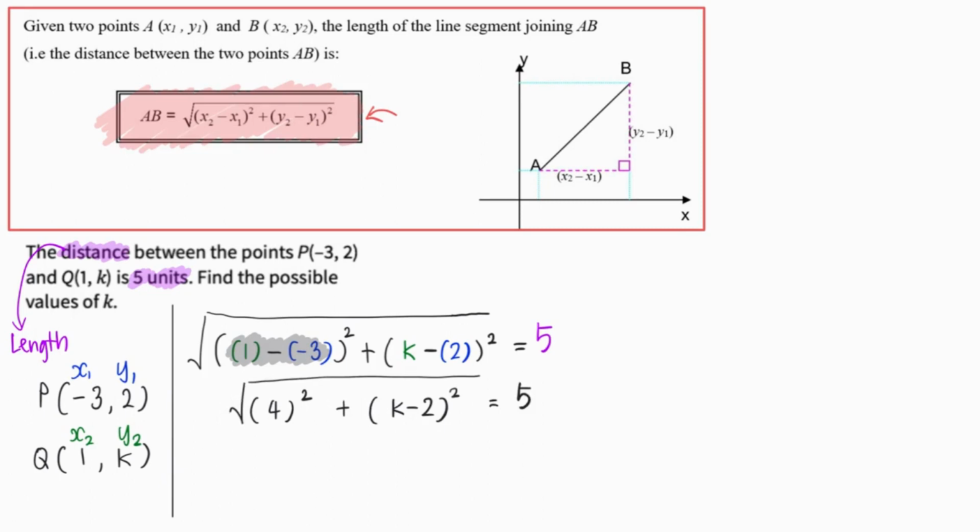And now, to make sure that I do not have the square root, I'm going to square both sides. First of all, 4 squared is 16. K minus 2 bracket squared, I'm not going to expand first. And because I do not want the square root, I square both sides, so I will have a 5 squared here.